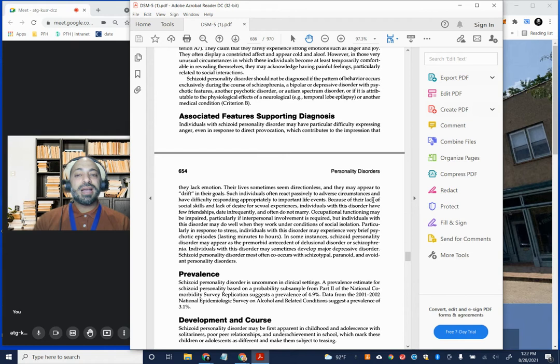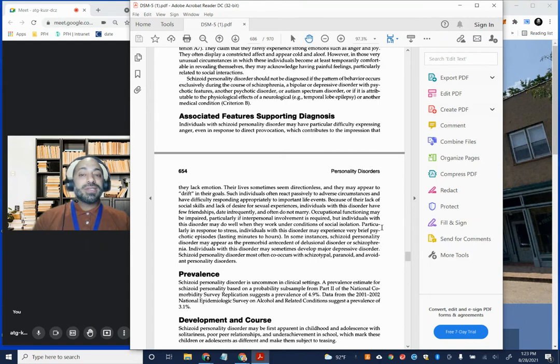Because of their lack of social skills and lack of desire for sexual experiences, individuals with this disorder have few friendships. They date infrequently and often do not marry. Occupational functioning may be impaired, particularly if interpersonal involvement is required, but individuals with this disorder may do well when they work under conditions of social isolation.